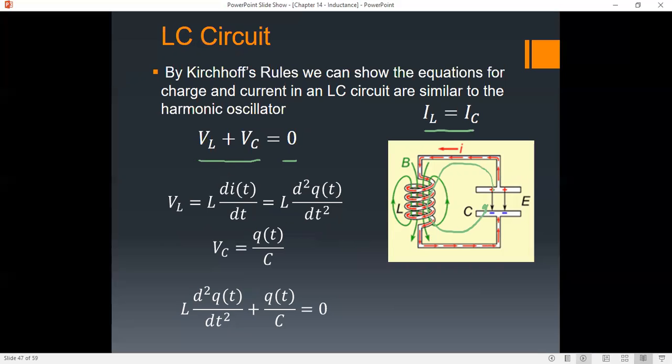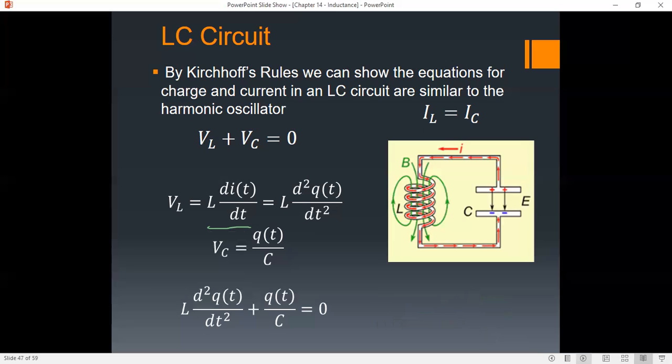So let's think about what each of these voltages are. Earlier on, we defined that the EMF due to an inductor was equal to negative L di/dt. So we are going to use that expression right here and say L di/dt.